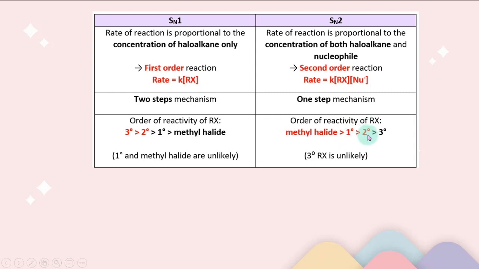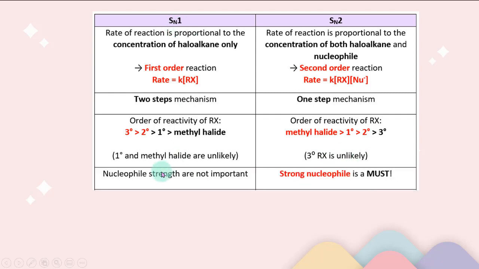Secondary haloalkane is also possible, depending on your nucleophile. But tertiary haloalkane is unlikely, due to the steric effect. Next, for SN1 mechanism, nucleophile strength is not important. That means it doesn't matter whether you are using a weak or strong nucleophile. But for SN2, it must be a strong nucleophile.